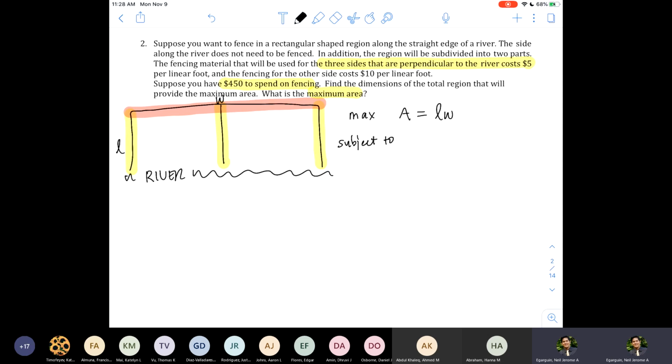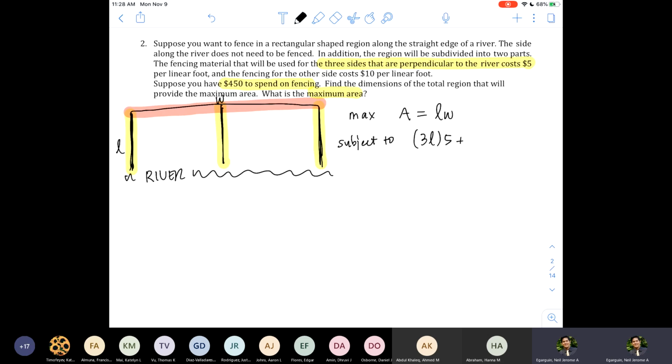Remember, I called this length L, right? So I'll have an L here, another L here, and another L here. So that's a total of 3L feet to be fenced using material that costs $5 per foot. So this is 3L feet times $5. So that's the total amount needed to fence those highlighted in yellow.